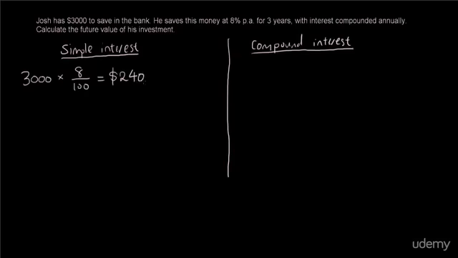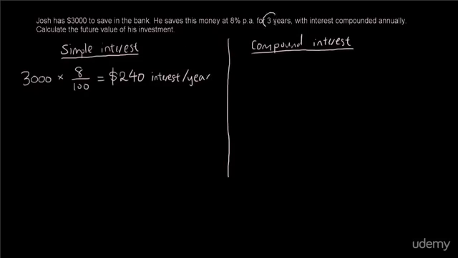And simple interest means that every year the interest is the same, is calculated from the principal. So $240 interest per year.